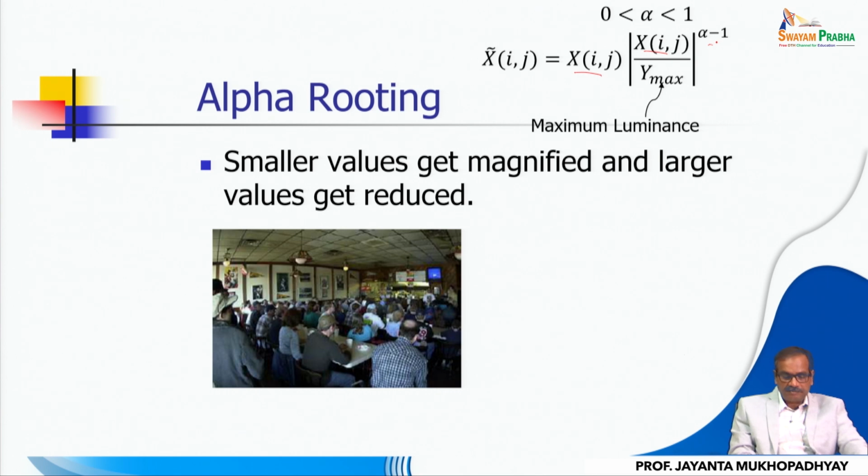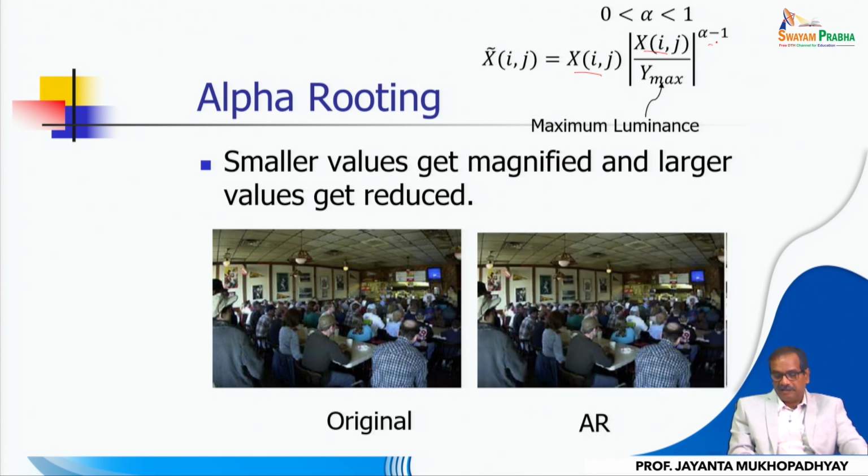So this is the original image, and this is the alpha rooting result. Though in the spatial domain we can do pixelwise operations in the same way, here it is not only DC coefficients.